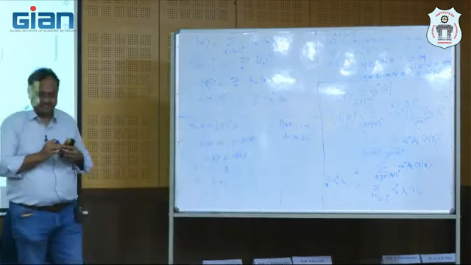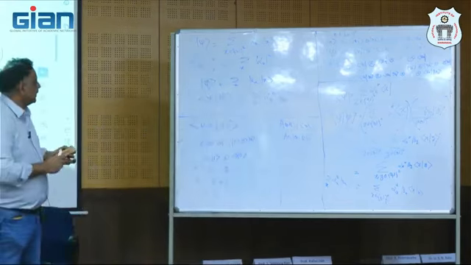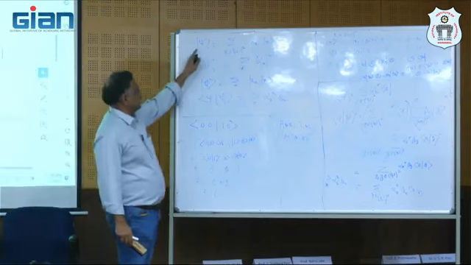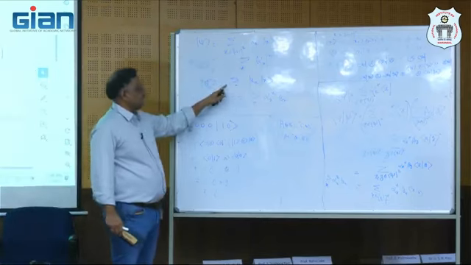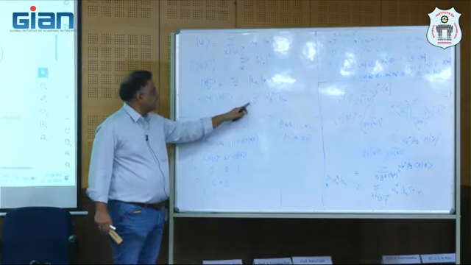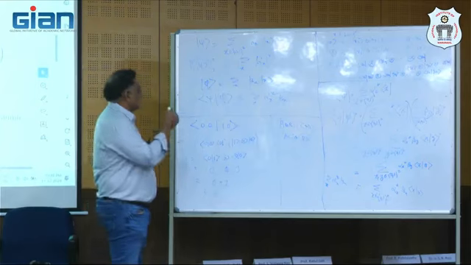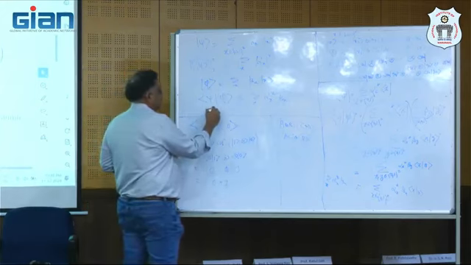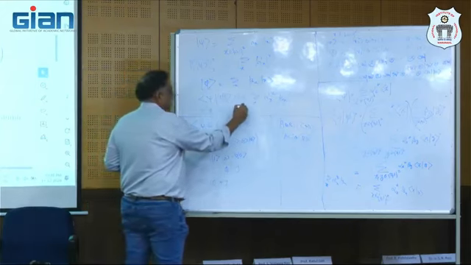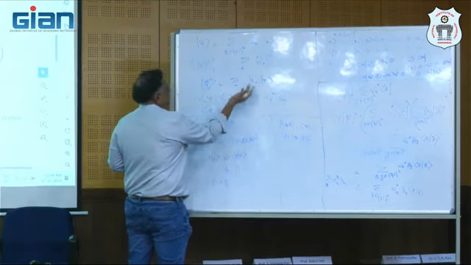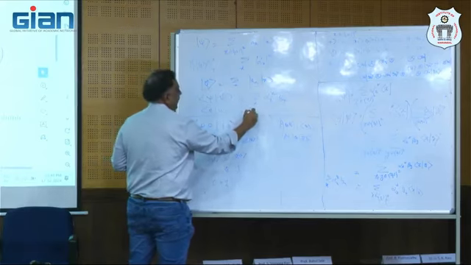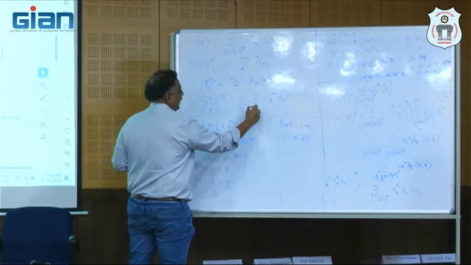Agreed? Yes? If psi is written like this and phi is written like this, then the inner product is this. Agreed? Similarly, if I want to write the inner product of phi with psi, it is beta x star alpha x.